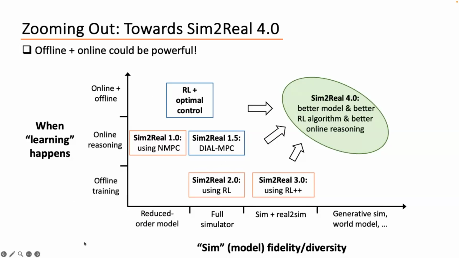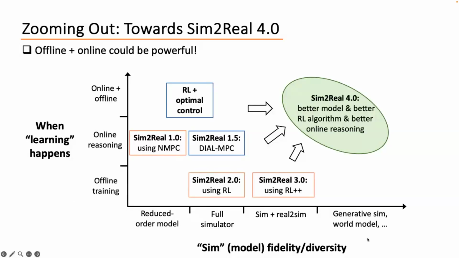The x-axis is simulator or model fidelity, complexity, or diversity. We start from classic control using reduced order models, to full simulators like NVIDIA Isaac, MuJoCo, Genesis, to augmented simulators, meaning simulator plus system ID or real to sim.